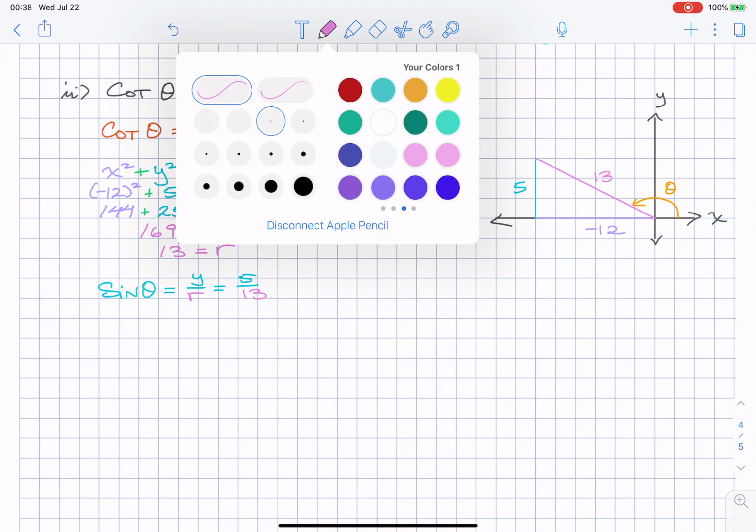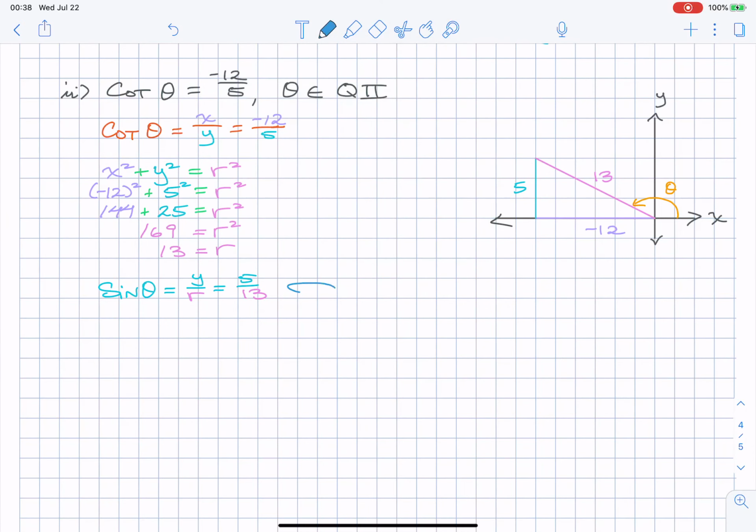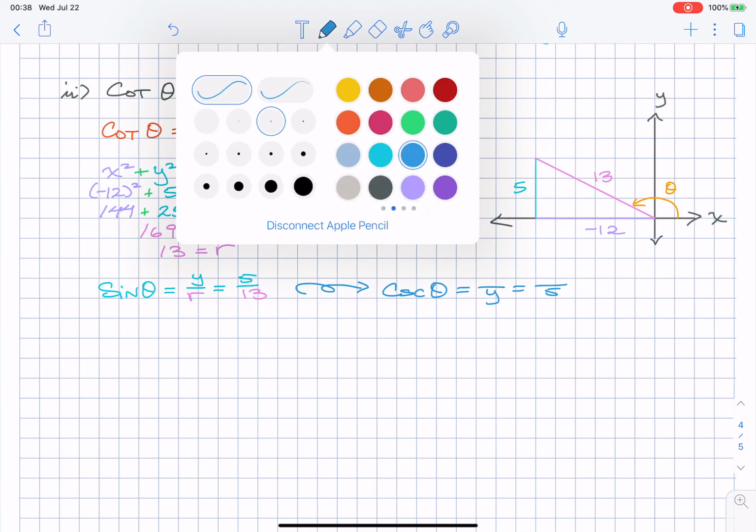So the reciprocal to sine, given that s's and c's go together, will be cosecant of theta, which of course is going to be r over y, which will be 13 over 5.